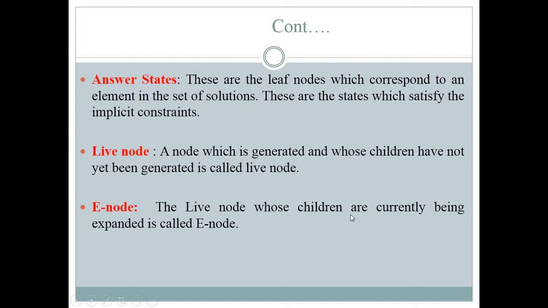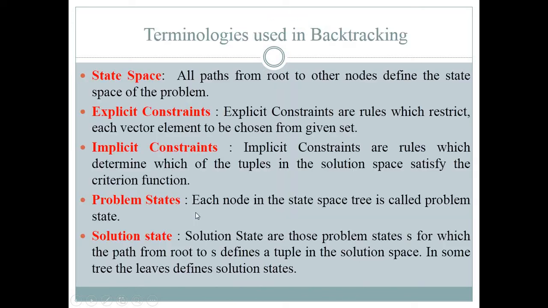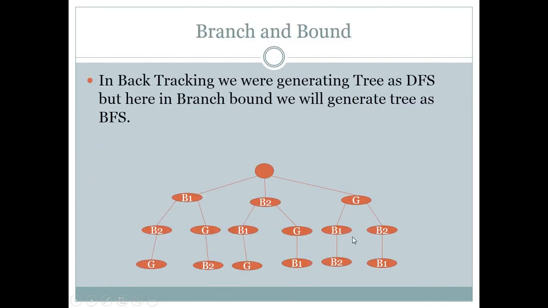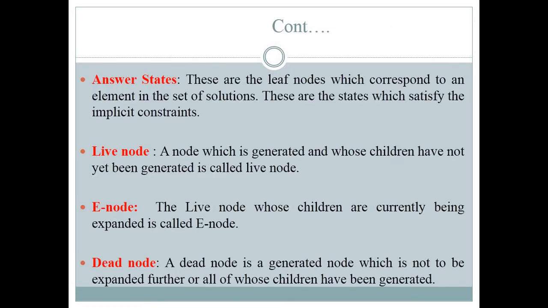The live node whose children are currently being expanded is called an E node. And dead node. A dead node is a generated node which is not to be expanded further, or all of whose children have been generated. So here if we generate the whole tree, then this node will be known as our dead node, meaning no further expansion can proceed.